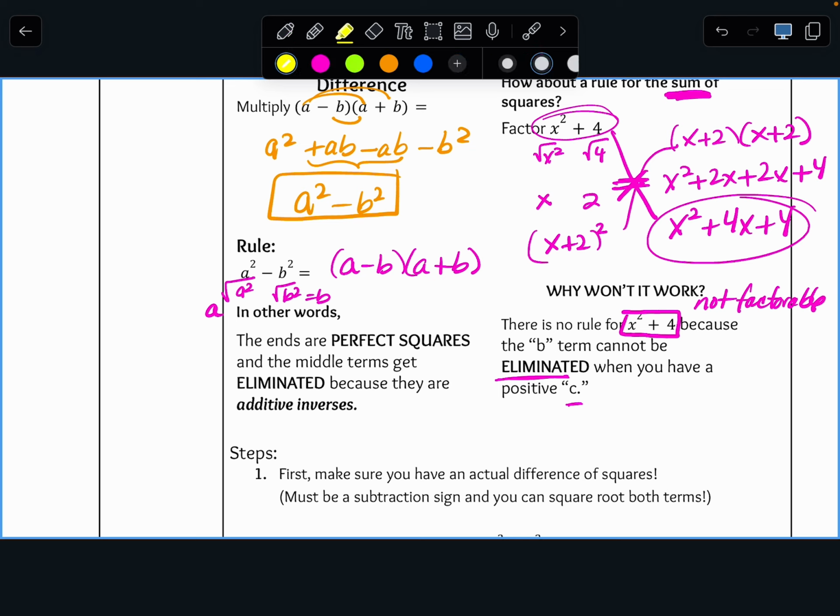So this is the rule. If you could just remember, you take the square root of both numbers and you add one and subtract the other, that'll be how you can find the difference of perfect squares.